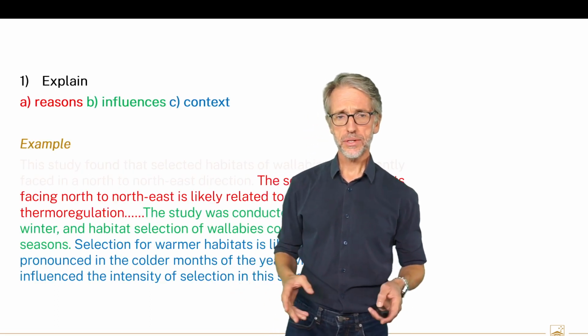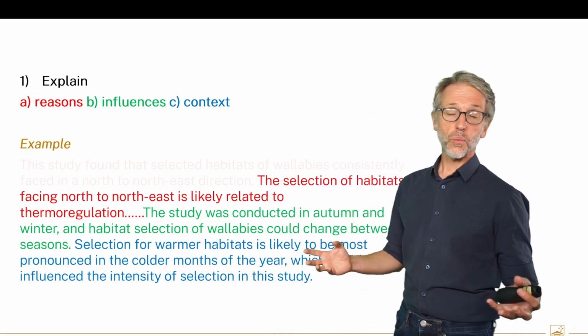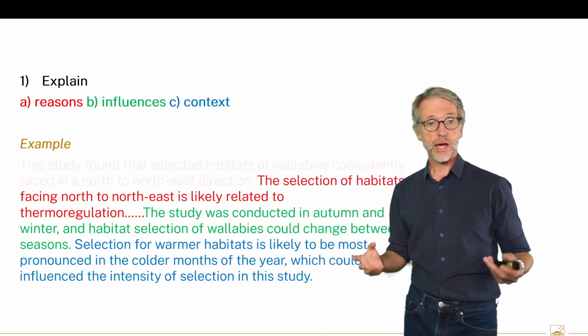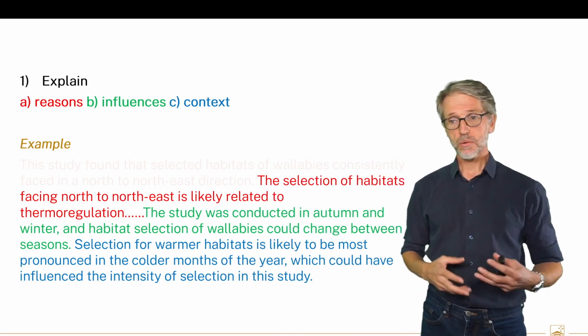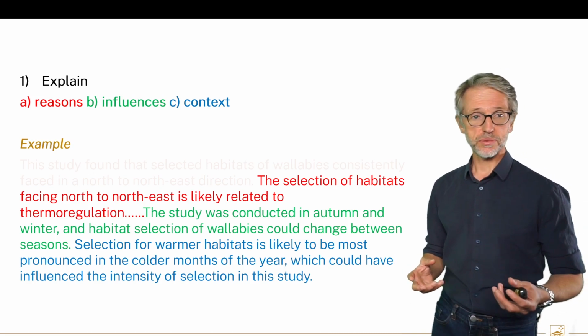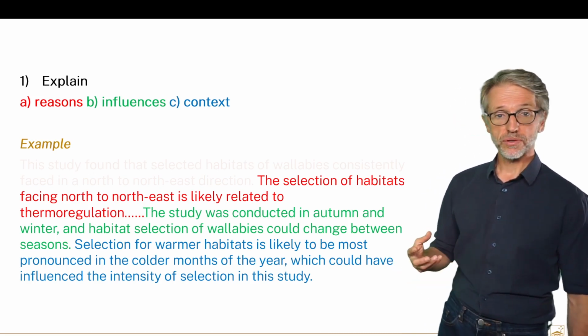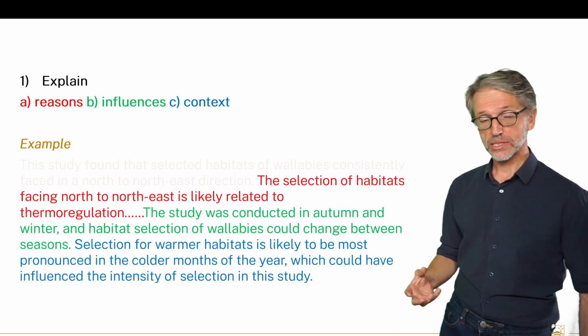So how do discussions basically unfold? When results are presented, there are 3 things that we might like to do. We might like to explain the reason for a set of observations or results, where we give reasons or influences and provide a context.